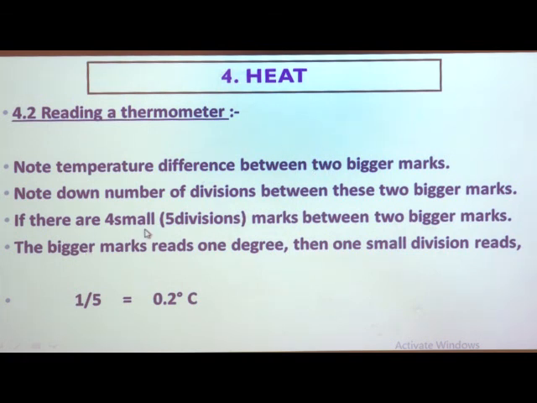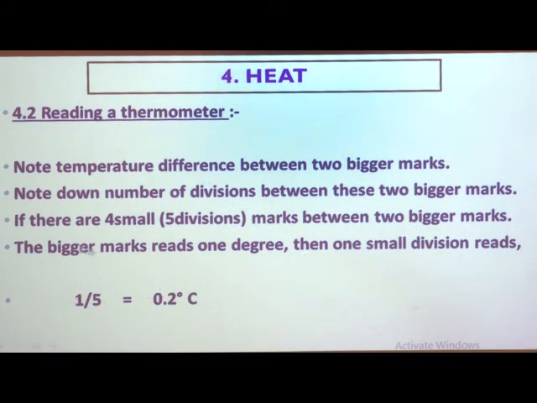Okay. So if there are 4 small marks between two bigger marks, then it is correct, and if the bigger mark reads 1 degree, then one small division reads 1/5. So one bigger mark is 1 degree, and whenever there are four small marks and 5 divisions, you have to divide 1 by 5.